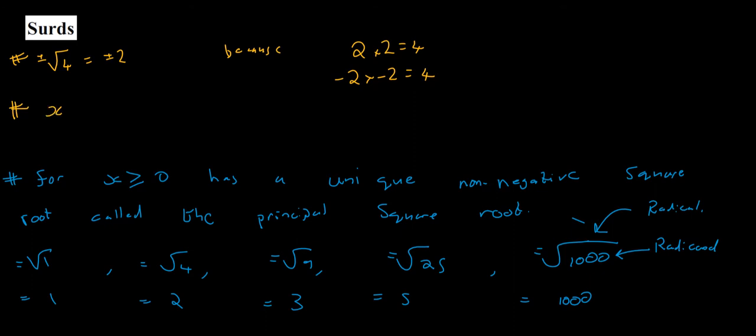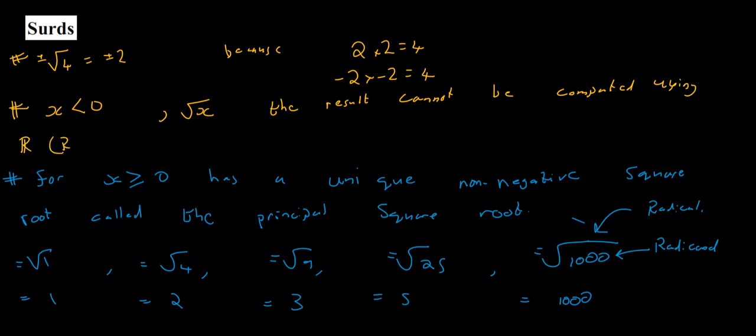For x that is less than 0, if we have the square root of x, the result cannot be computed using real numbers. The result is a complex number.